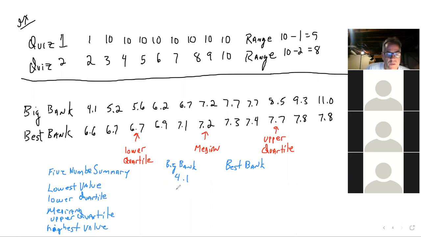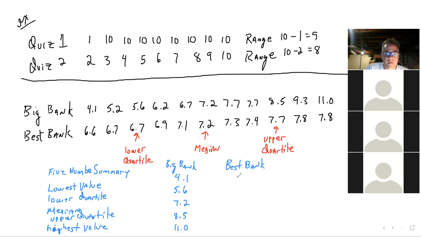Your lower quartile was 5.6. The median was 7.2. The upper quartile would be 8.5. And then your highest value was 11.0.